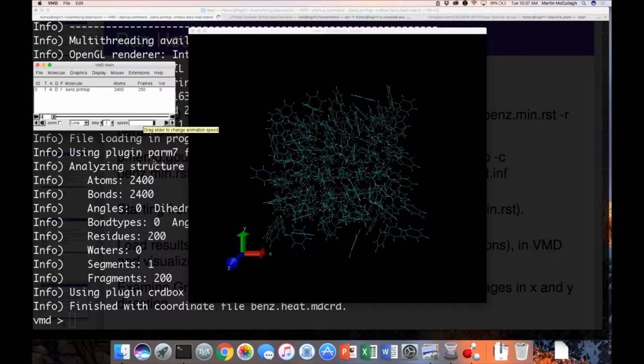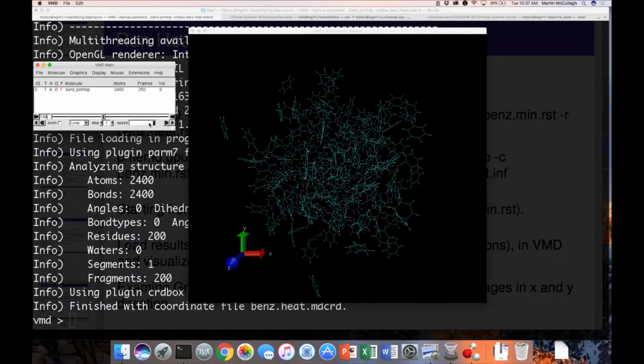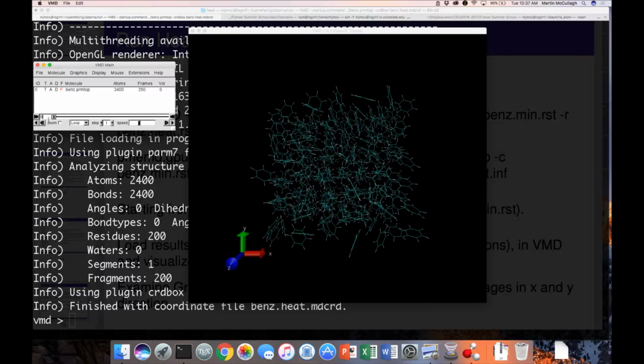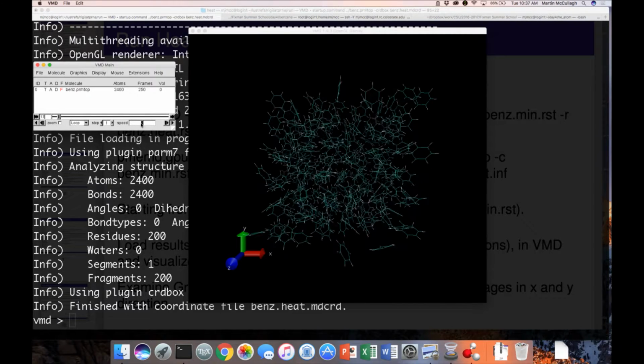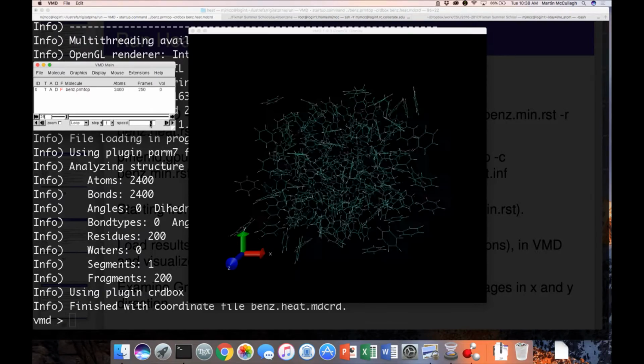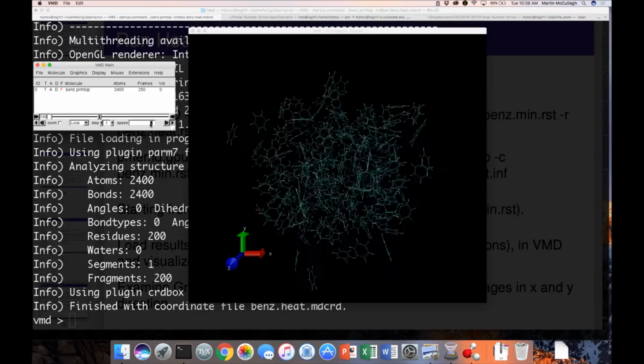So this is the final position in the minimization. And then I heated it up. It's moving very fast, so I'll slow it down a little bit. That's a little slow.